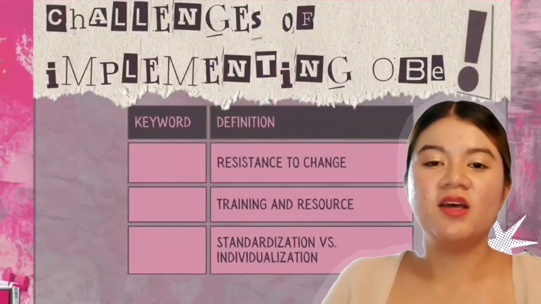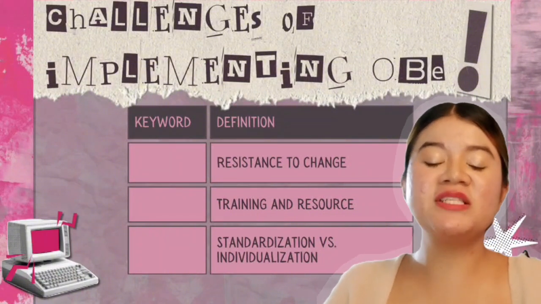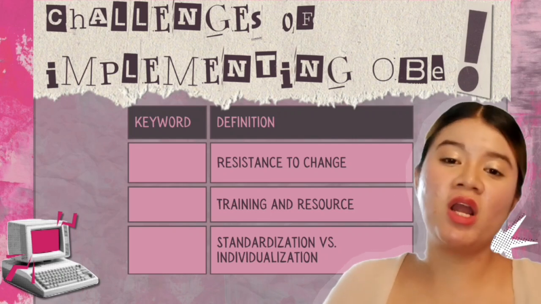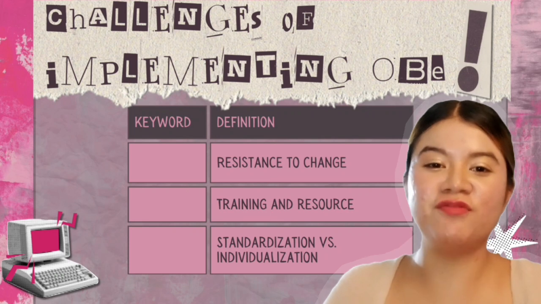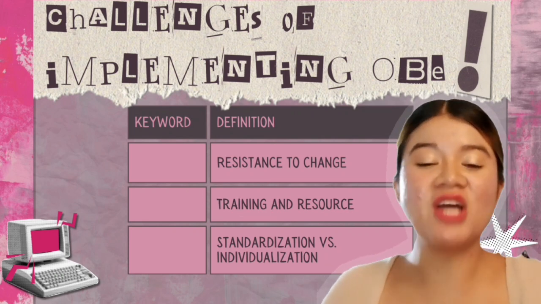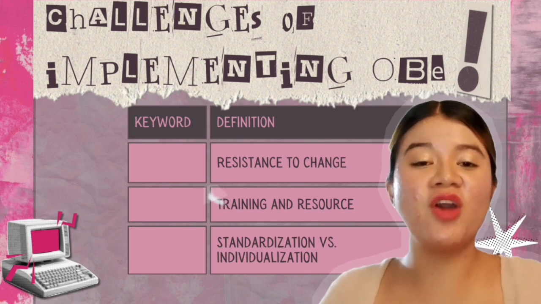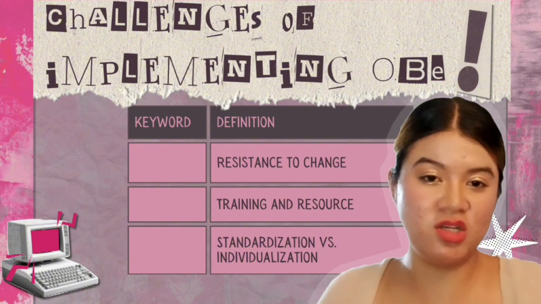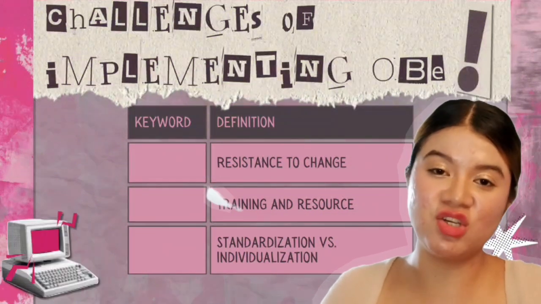Let's proceed to the challenges of implementing OBE. So first is resistance to change. Many educators, especially before, are used to the traditional method of teaching, and it will be very challenging for them to shift from their past educational strategy to the new one, the outcome-based education.